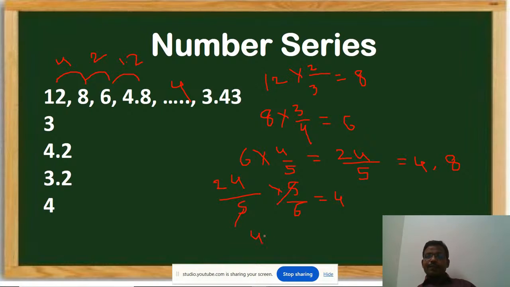4 into 5 by 6 becomes 6 by 7. So 6 fours are 24, and 24 by 7 is 3.43. Yes, the answer is 4. What is the logic?